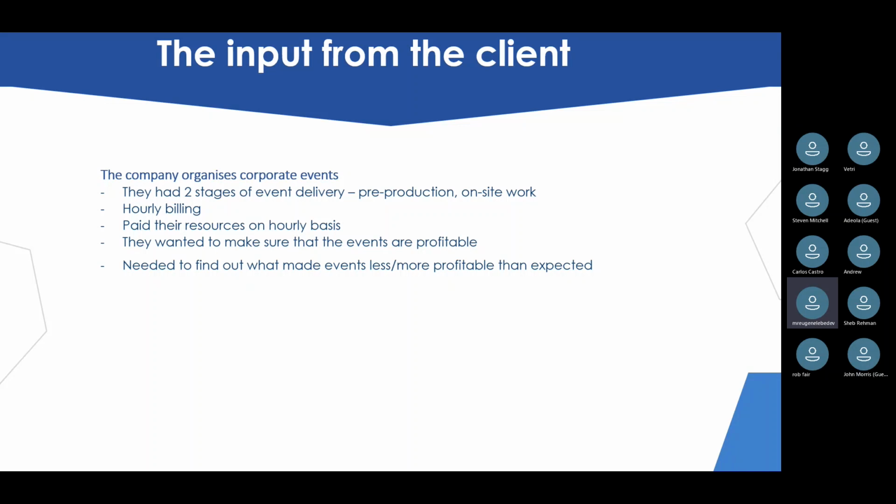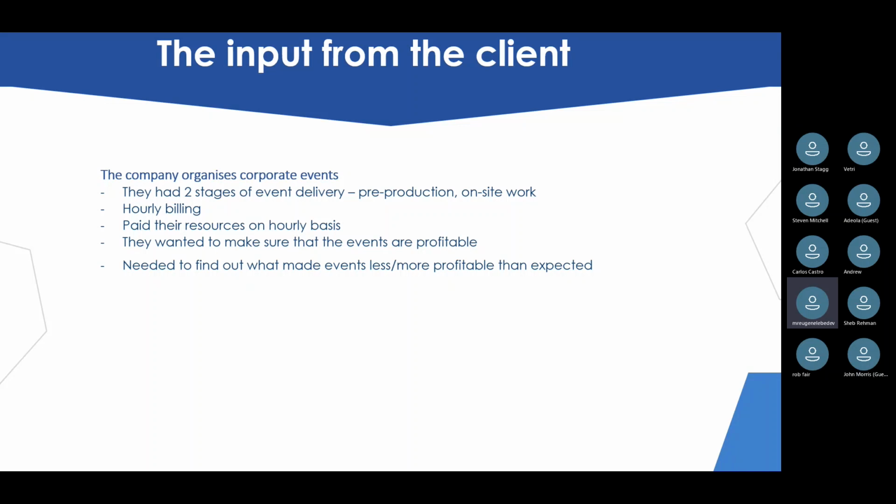They had two stages of their event delivery. They have event pre-processing. So let's say in their own warehouse, they pre-assemble the sets, they prepare the equipment, and then they do the on-site work where they actually deliver the events on the day. So this company bills their clients by hour.